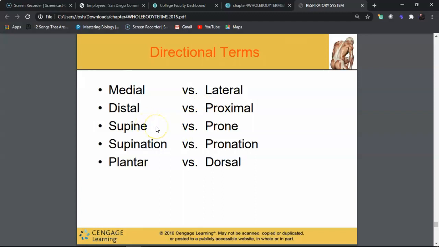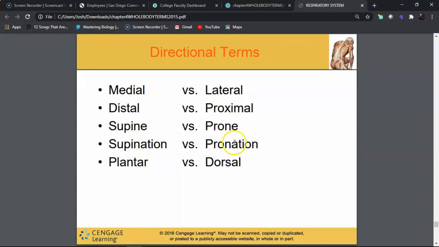Supine and prone can refer to two different things. It can refer to a body position. If you are supine, you are laying on your back with your stomach up. If you are laying in the prone position, then you are laying with your stomach down or with your back up. This can also go for our forearm. So when our palm is facing upward, then our forearm is considered to be in the supine, or supination.